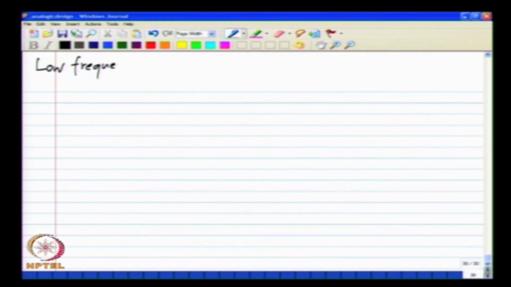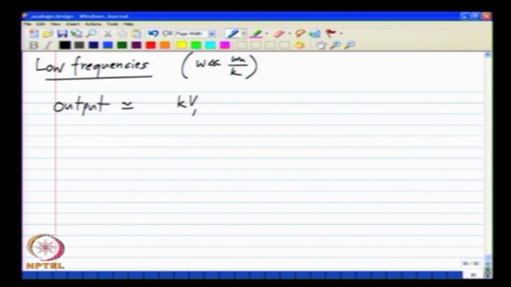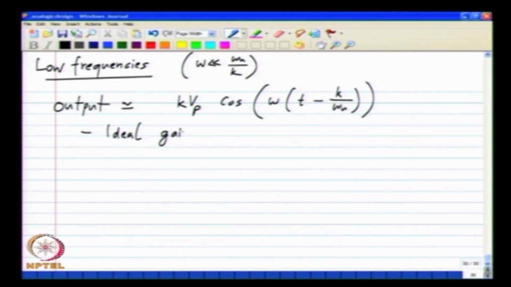To summarize, at low frequencies, the gain value is ideal and there is a delay of k by omega u.